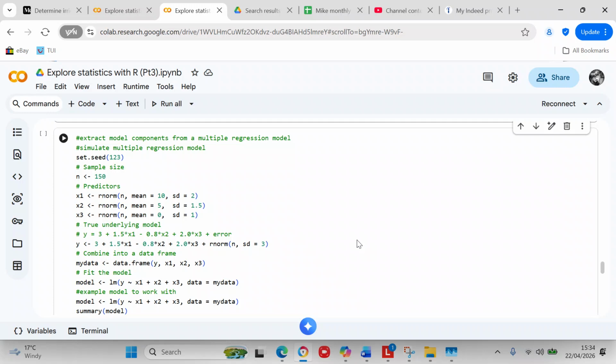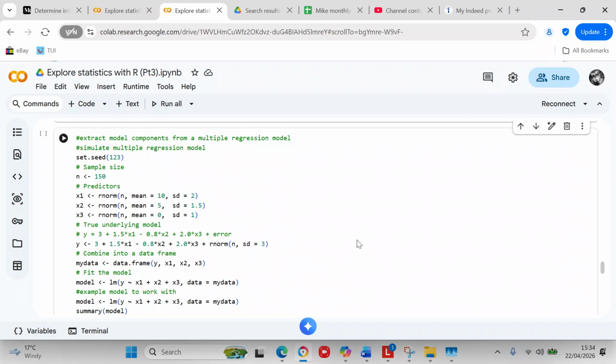So you type set.seed(123), and you can put any number you want within the brackets. So we're going to define our sample size as n becomes 150, and we're going to define our predictors.